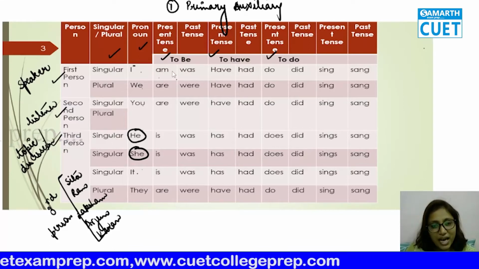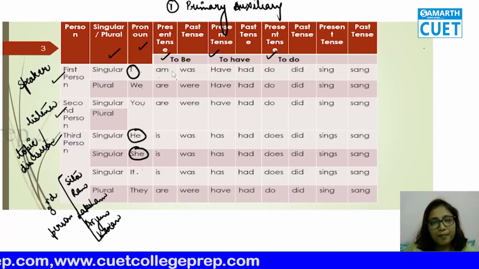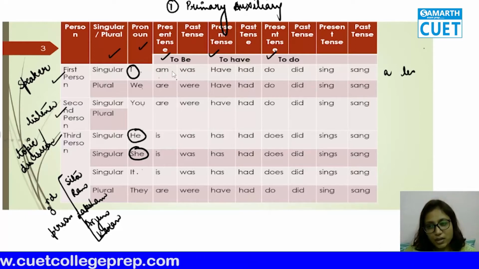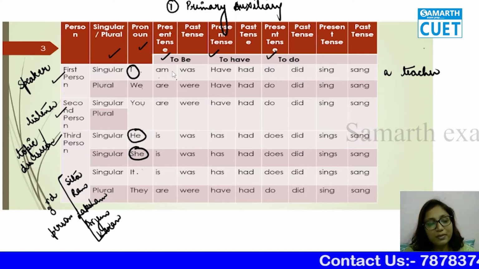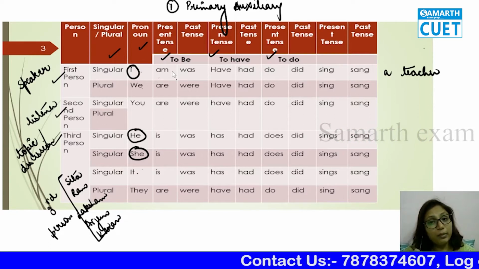So basically, I am a teacher. मैं एक टीचर हूँ. When I'm talking about myself, I'm the speaker, so I'll just say I am a teacher. Here the helping verb with I will mostly be am.